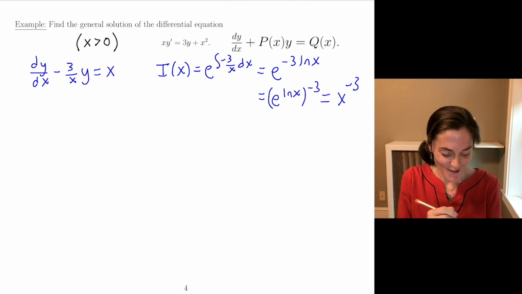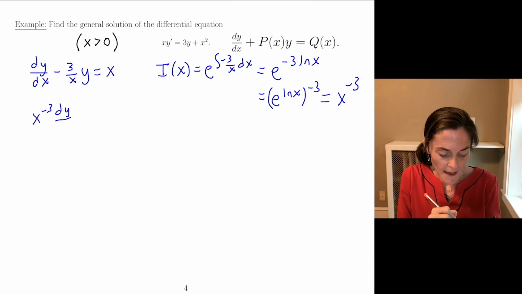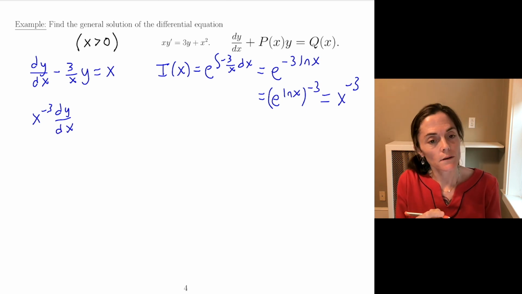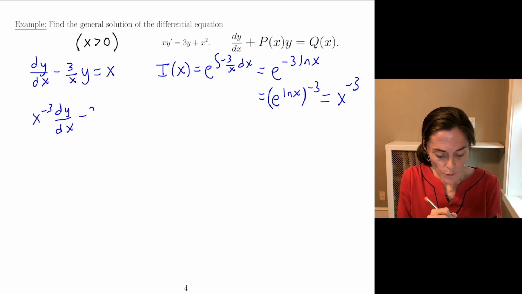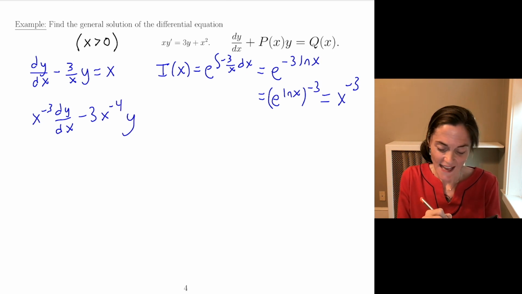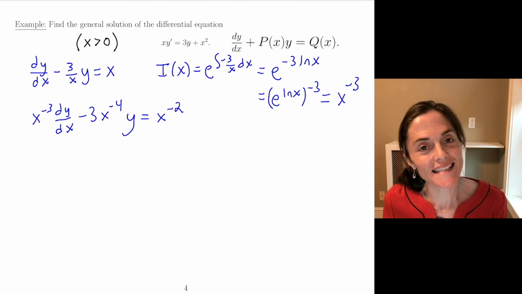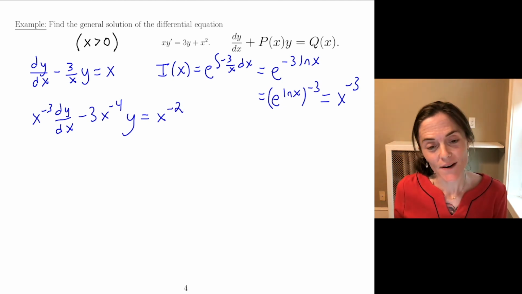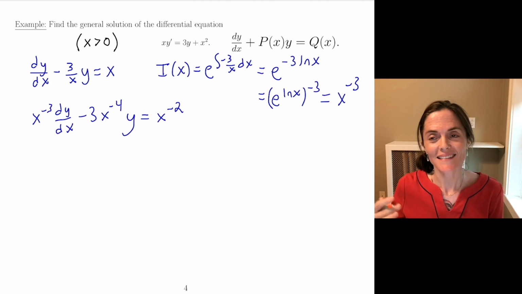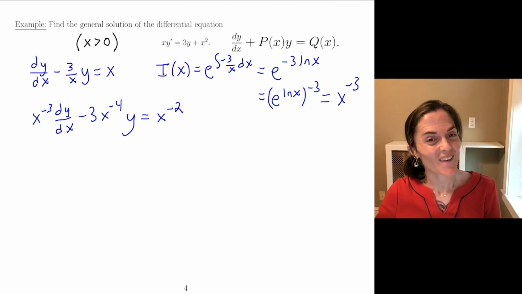So let's multiply through. We have x to the minus 3 dy dx minus 3 x to the minus 4 y equals x to the minus 2. The main reason I kept these negative powers is because it's easier for me to use the power rule.